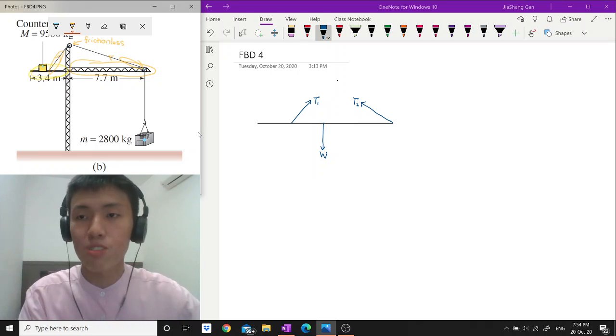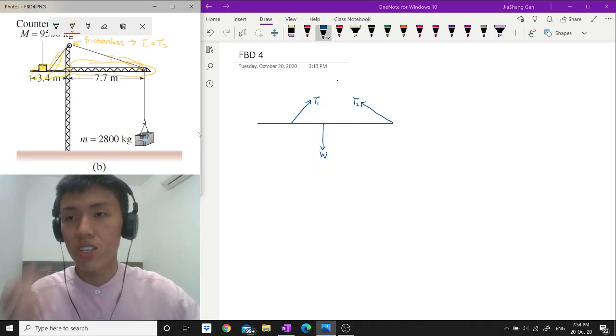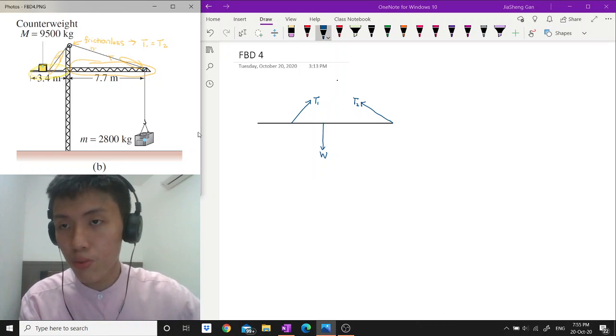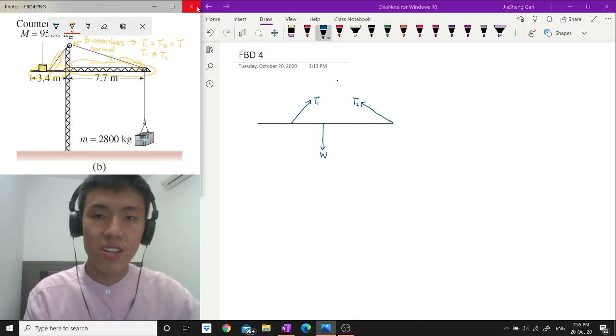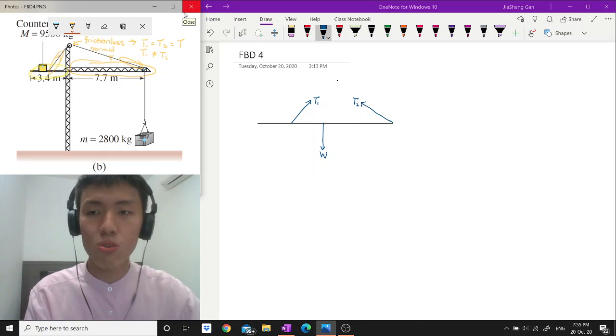So in that case, your T1 will be equal to T2. But we don't know whether it's frictionless or a normal pulley. If it's a normal pulley, then T1 is not equal to T2. If T1 is equal to T2, we can just write T. It's fine. So it depends on the situation. We don't know, so we just label T1 and T2.